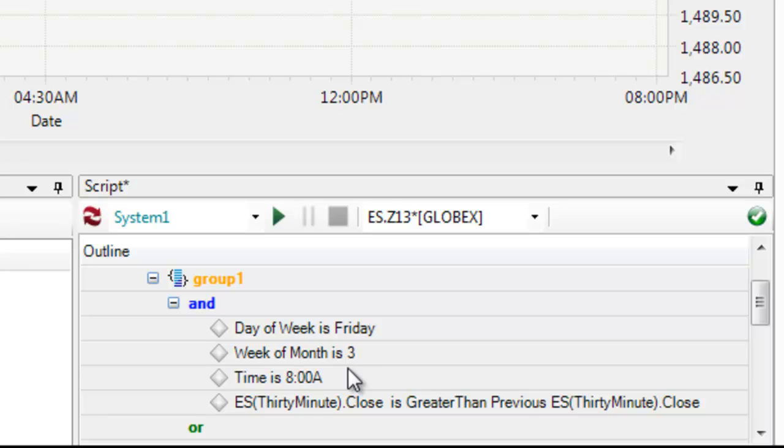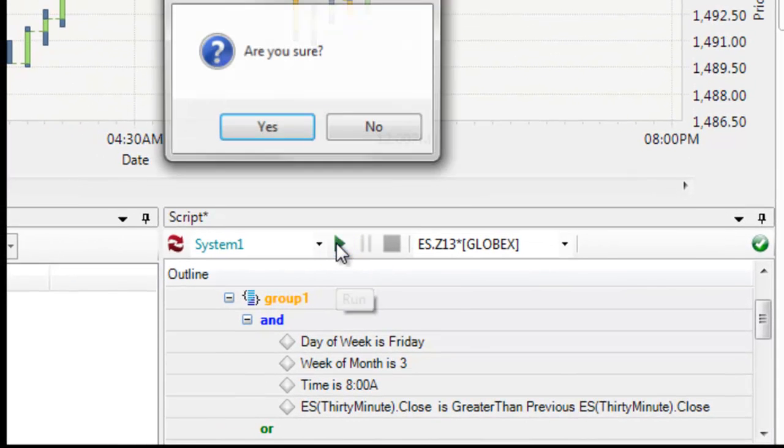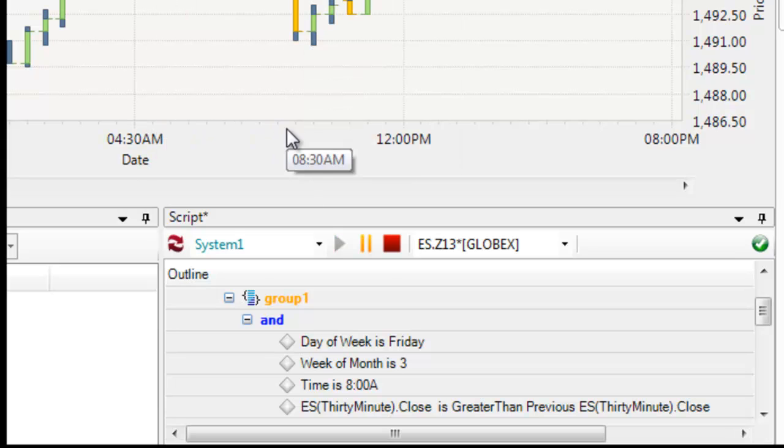It's just a protection feature. But all you do is click on the run button. It's going to ask if you're sure. You say yes. And then this red box appears that shows that it's live. So if this red box is appearing, this strategy is now live and it's trading in your account, or it will trade the next time a signal occurs in your account. And it's literally as simple as that.